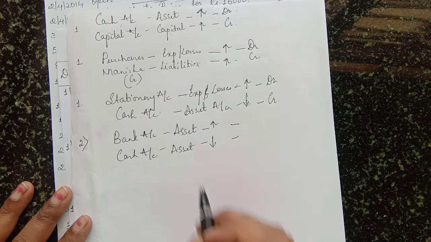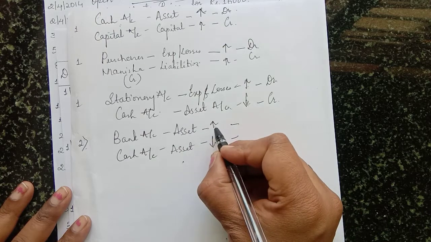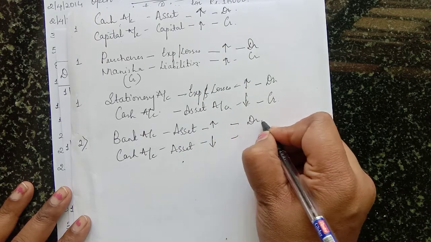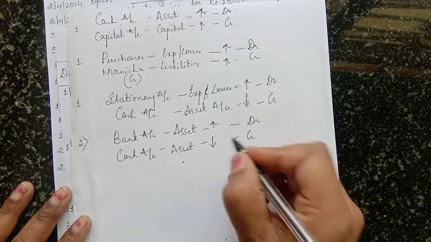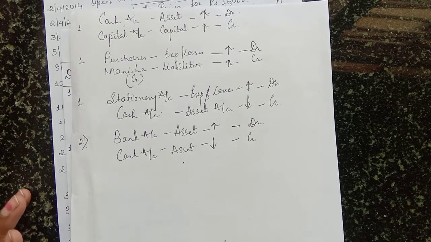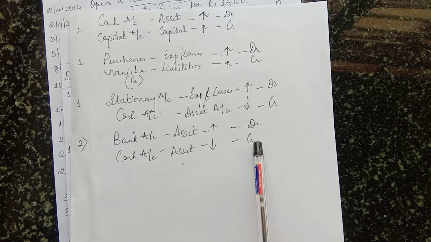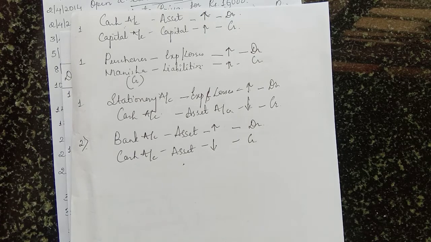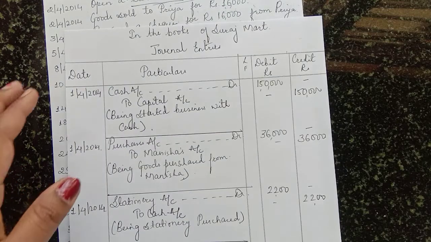So now apply the rules of asset, right? Debit, increase in asset, credit, decrease in asset. So what is the journal entry? Bank account debit to cash, right? Understanding? Shortcut rule I am telling. When cash is going out, it should be credited. When cash is coming in, it should be debited. So write the journal entry, bank account debit to cash account.